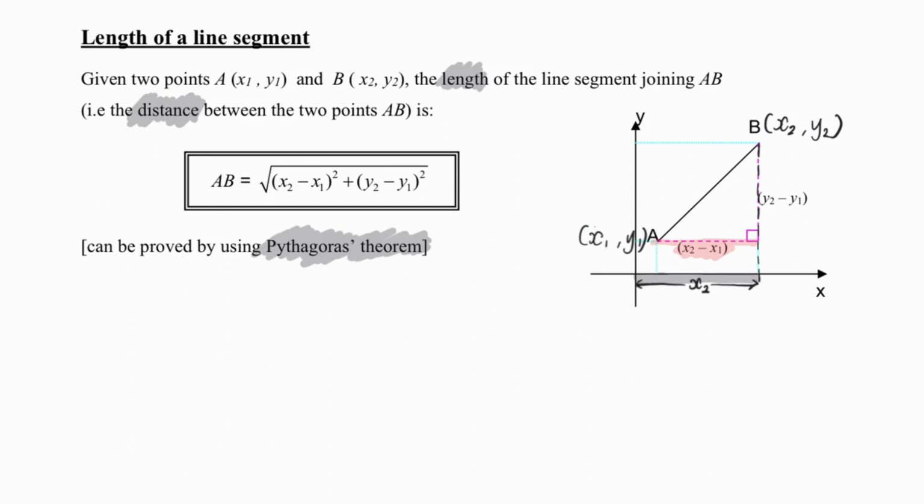Using the same idea, the distance here would be my x1, and therefore to get the red color distance, it has to be my x2 minus x1.